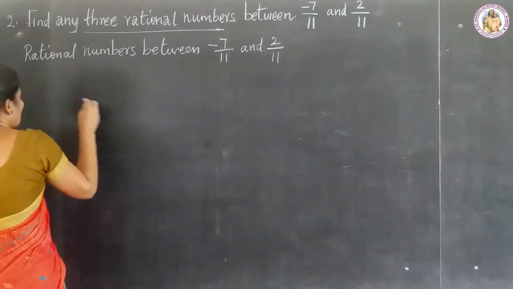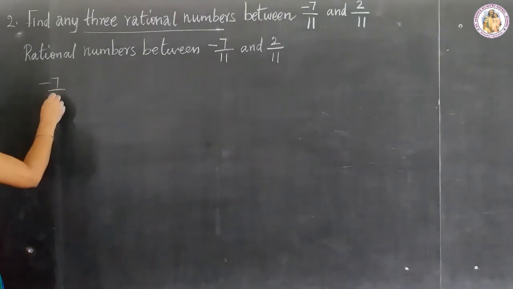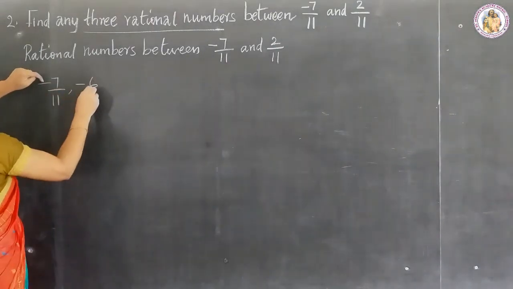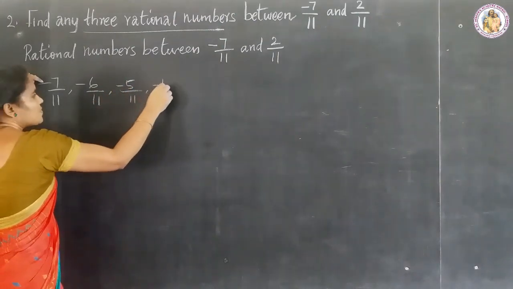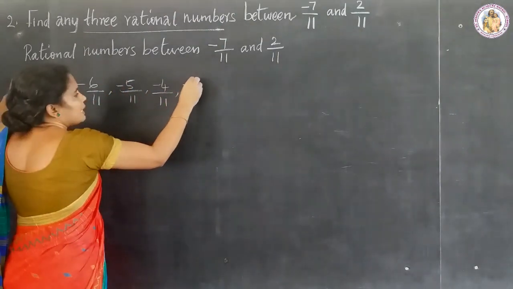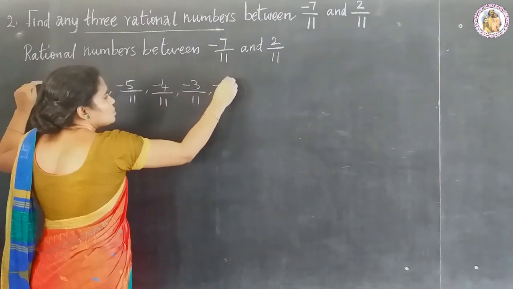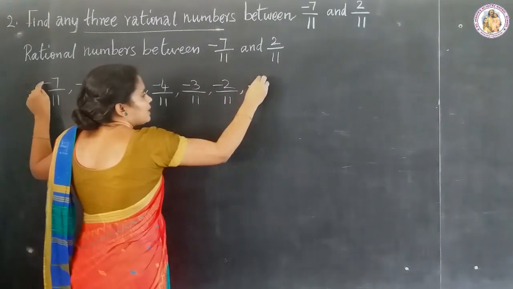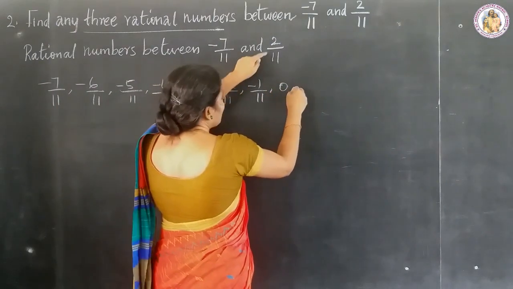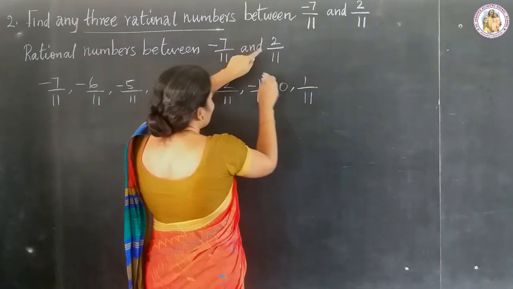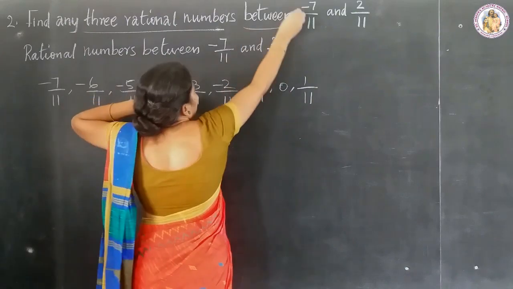As you know, minus 7 by 11, then minus 6 by 11, minus 5 by 11, minus 4 by 11, minus 3 by 11, minus 2 by 11, and minus 1 by 11, and then 0, 1 by 11, because it is between.